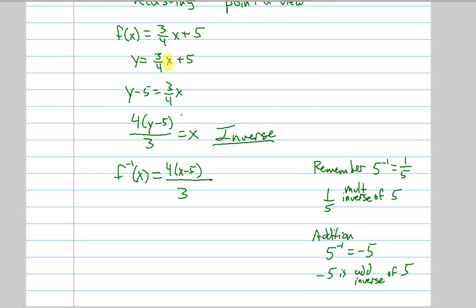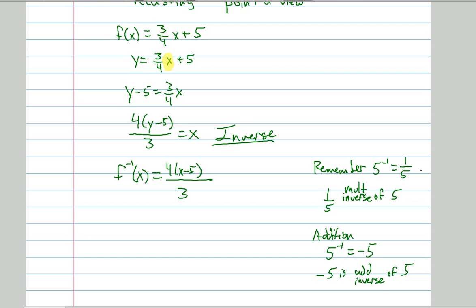Notice, this is the closest I will come to calling this magic in math. I've just switched y and x because I want the inverse function to still be in terms of x. So all I do is say this is really an inverse function, I want to write it in terms of x, so I switch the y and the x around. Perfectly legal, perfectly okay, perfectly normal.